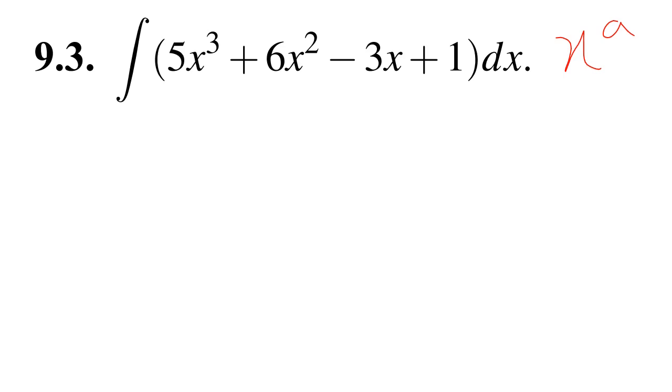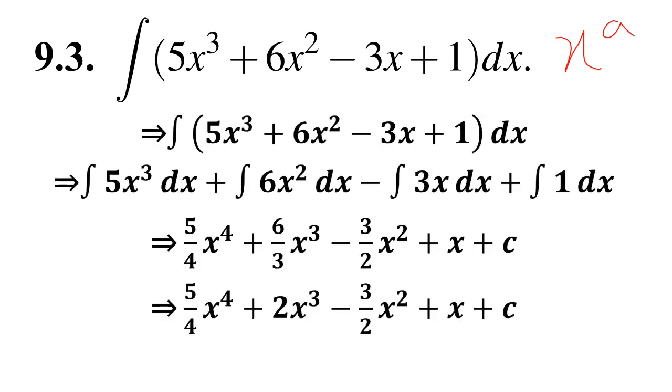In essence, for this function, we are going to see clearly that it becomes 5x cubed dx plus 6x squared dx minus 3x dx plus 1 dx. And it therefore implies that, after applying our integration formula, the above expression becomes 5 on 4x to the power 4 plus 6 on 3x to the power 3 minus 3 on 2x squared plus x plus c. And finally, we are going to obtain this answer.